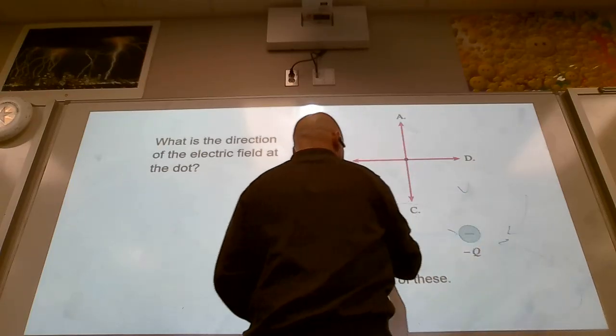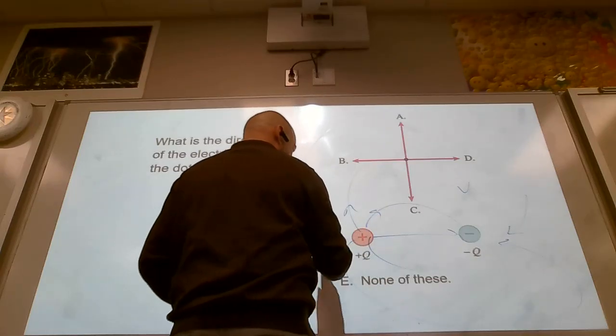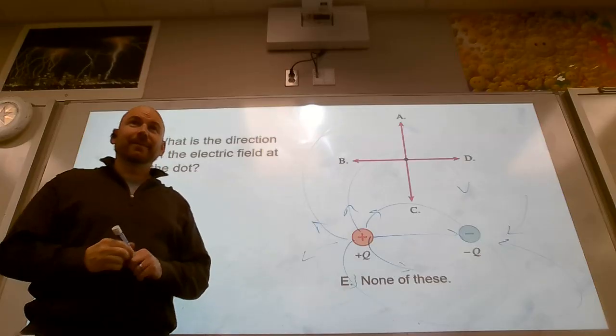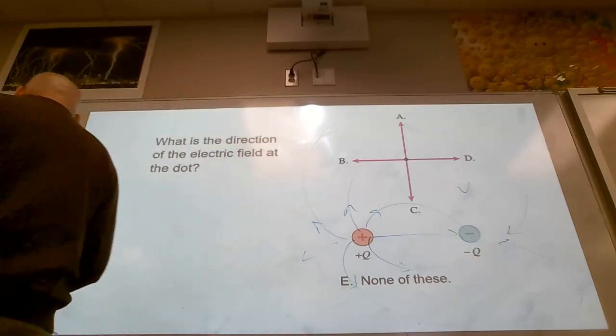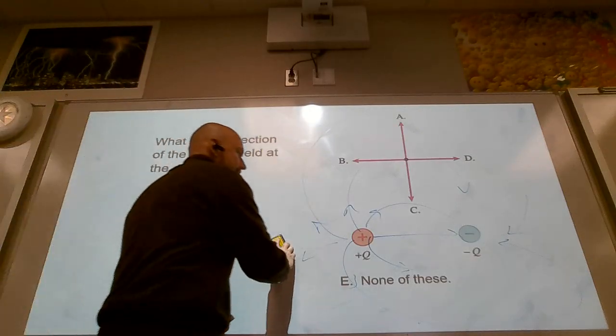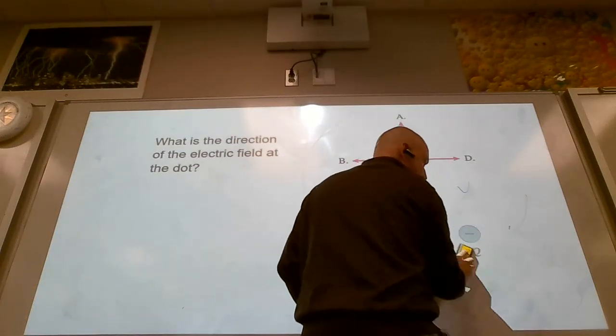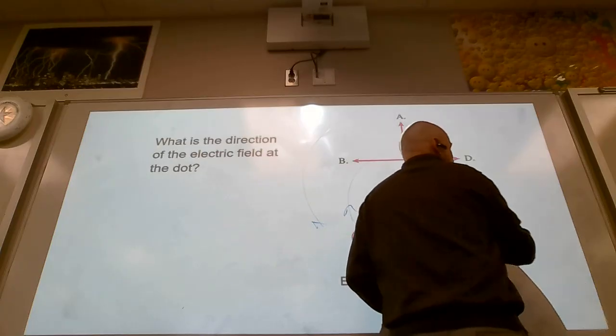Okay. Dipole molecule. Very popular in chemistry and biology.